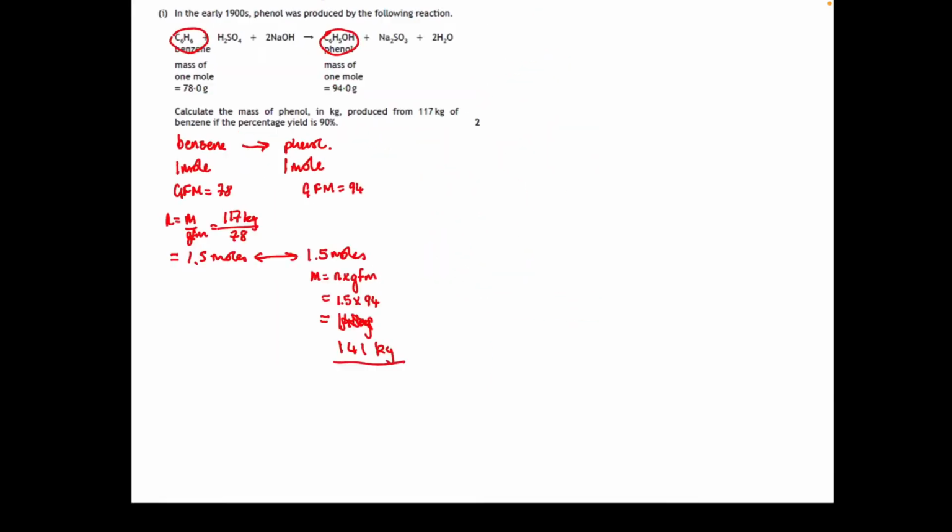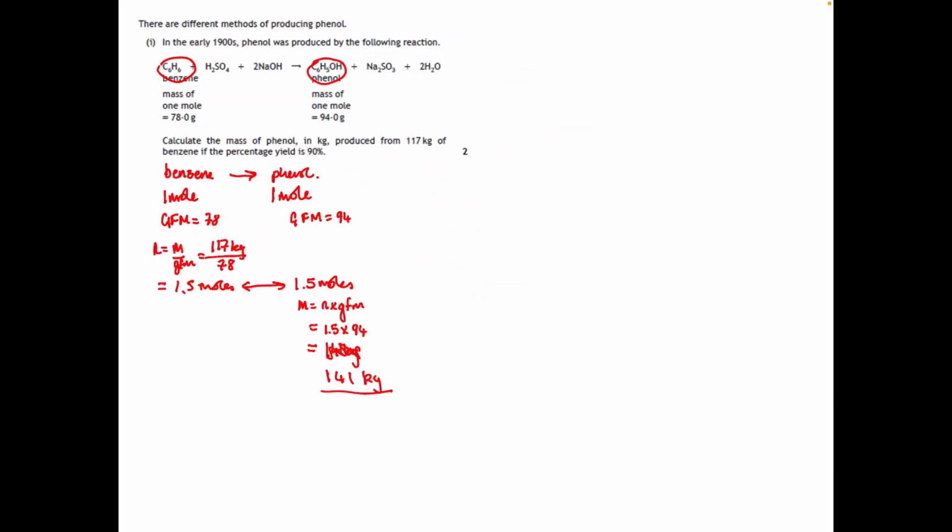Okay, the next step, after you've done your 3 steps, you've worked out the number of moles, you've used the mole ratio, and then you've worked out your mass, is to work out the percentage yield, except this is not actually asking for percentage yield, it's asking for the mass that you would have if you had a percentage yield of 90%.